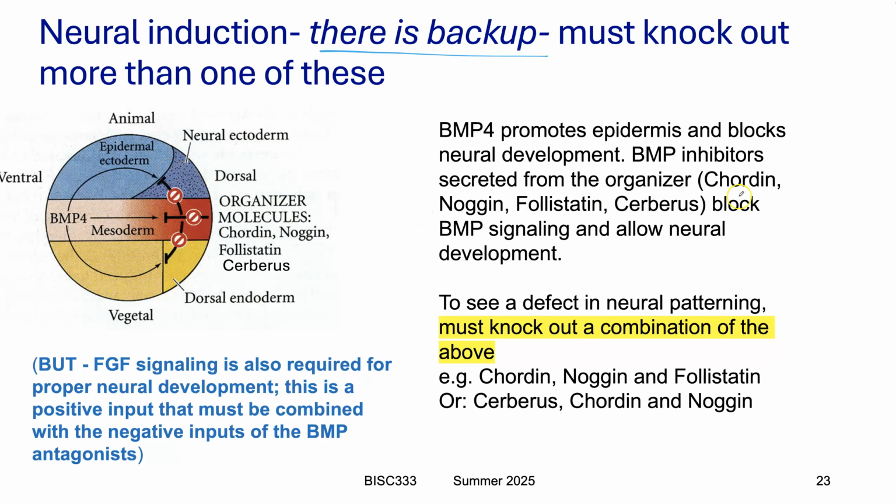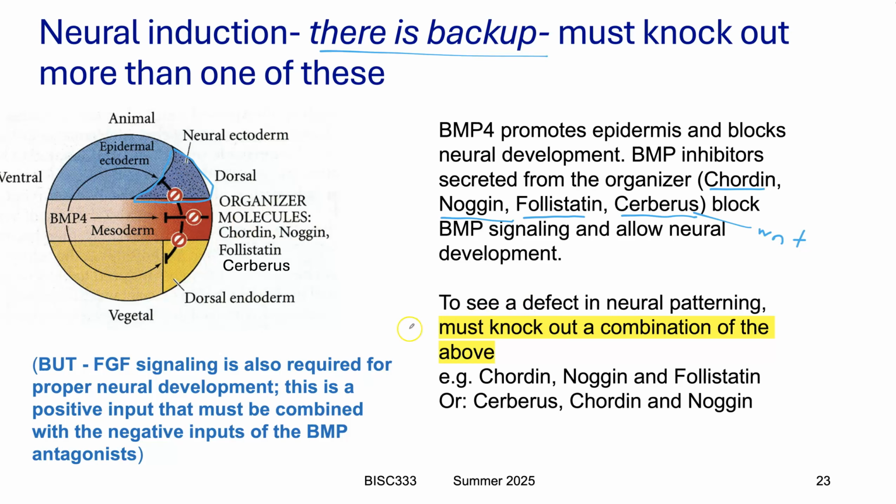There are 4 different molecules inhibiting BMP. Cerberus also inhibits Wnt, so it's not just acting on the one. But these molecules are blocking BMP signaling to allow neural development. We're only focusing on this part right here. And it turns out you can't just knock out follistatin, for example, and get the neural ectoderm not forming. You can't just knock out chordin and then get the neural ectoderm not forming.